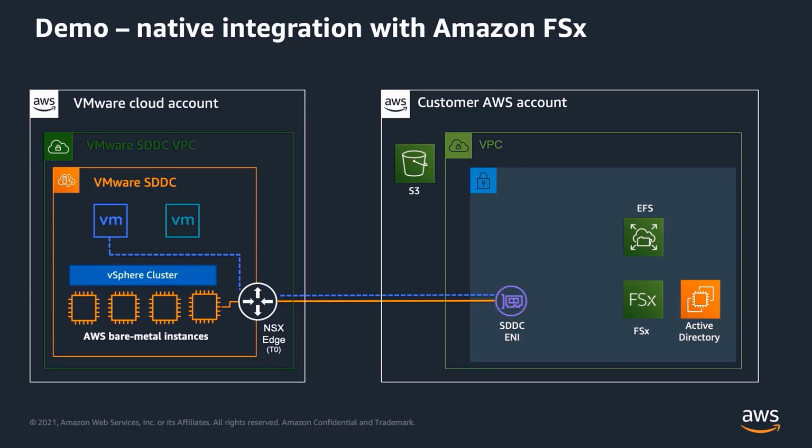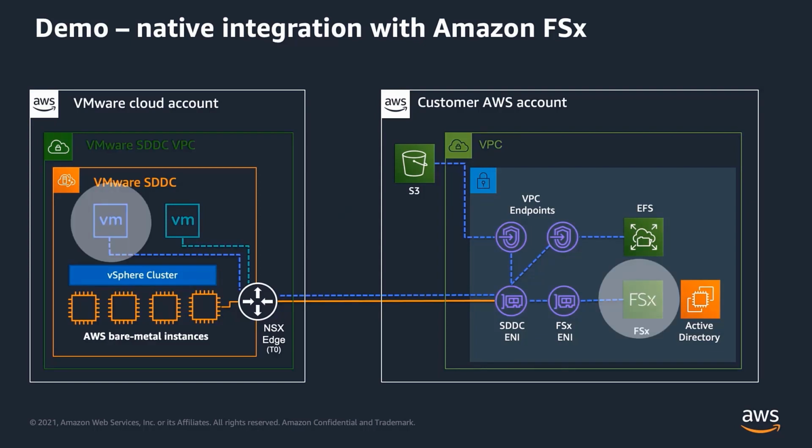We have our connection from our VM over the ENI into the AWS attached VPC. From there, we have connections to different services, FSx for this case, but also you have the connection to S3, EFS, and other services. For this demonstration, we'll actually focus in on the FSx and one of the VMs in particular.